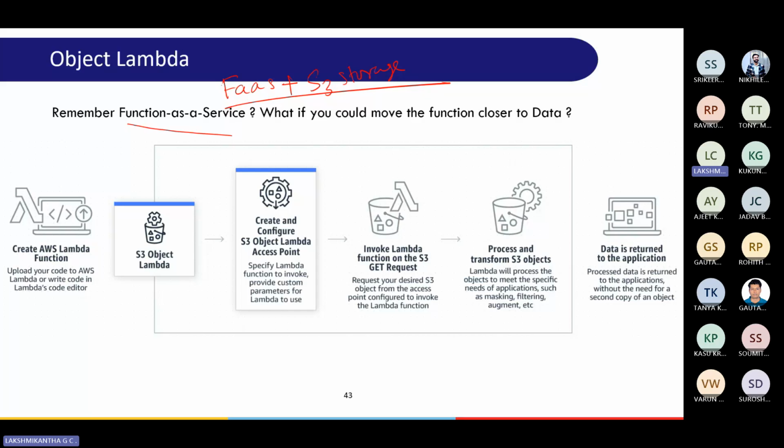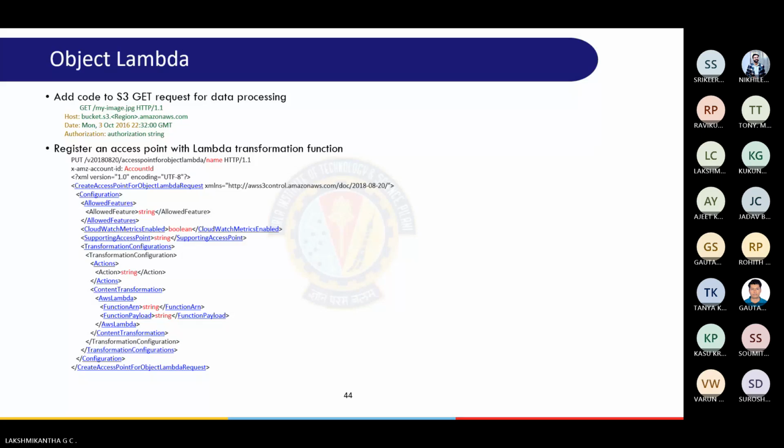It allows you to add code to an S3 GET request for data processing. Let me take one example. Look here, guys. A user requests a file by using this statement: GET /my-images.jpg.